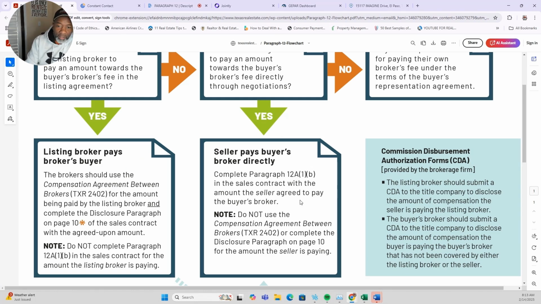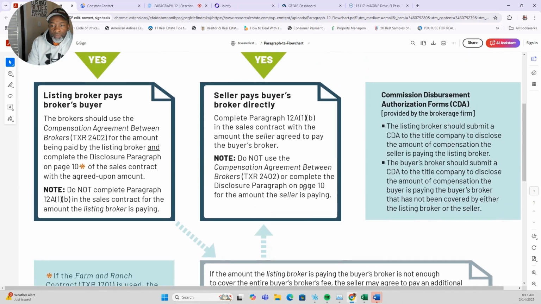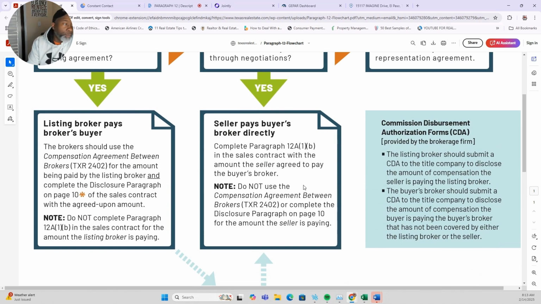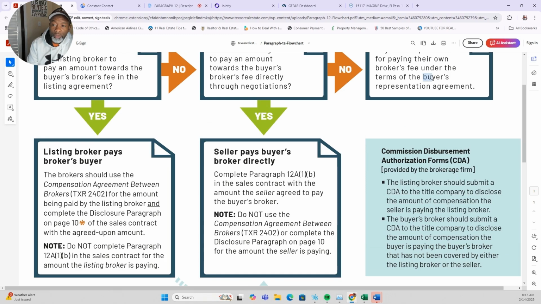Now, let's jump over here and let's give a couple scenarios. So let's say the first scenario would be that you had 3% that the buyer was going to pay you on the representation agreement, right?